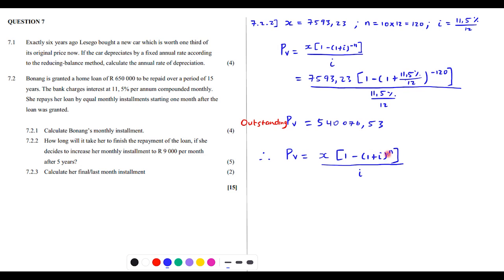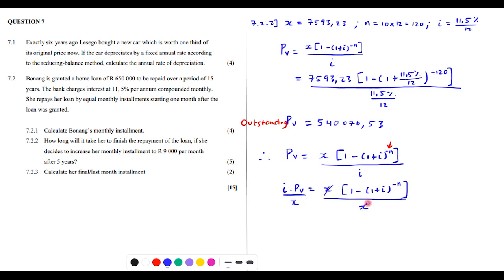So to isolate n, just like I said earlier, I like to first work with the variables as they are. 1 minus (1 plus i) to the minus n. This is minus n like that. And then first of all, I'm dividing by x, and then this cancels with that.